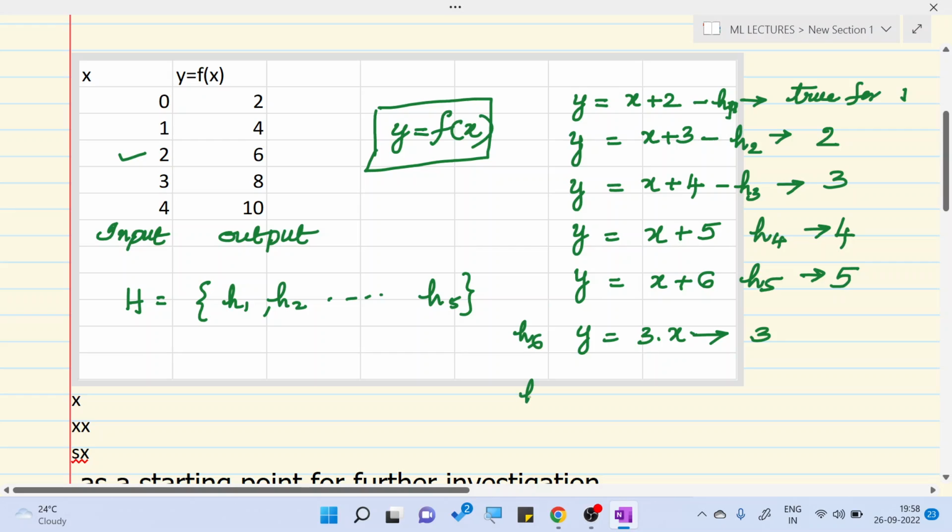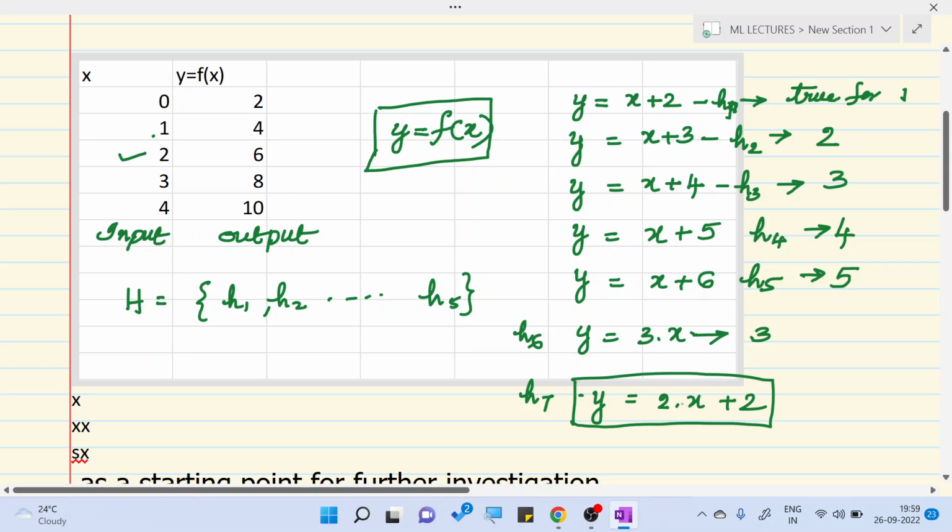Then h7, I may propose y is equal to 2 into x plus 2. Actually, I generated that data from this equation. So this hypothesis h7 satisfies all the examples.